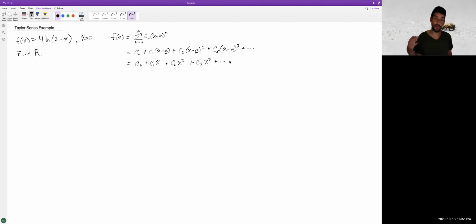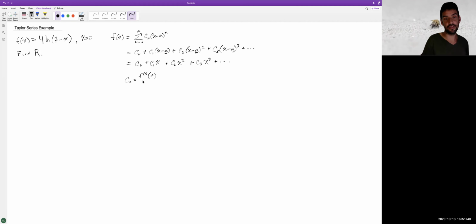Now, what that leaves us with is how do we find the coefficients? But for the coefficients, we have a very simple formula. The nth coefficient is just the value of the nth derivative of our function at a, in this case 0.